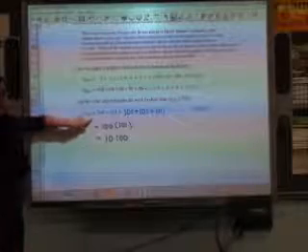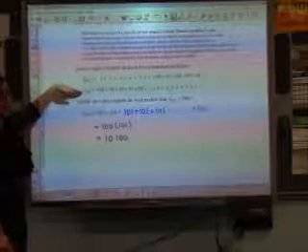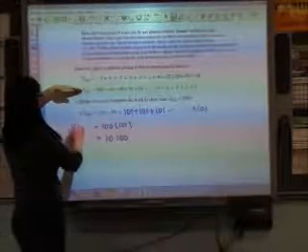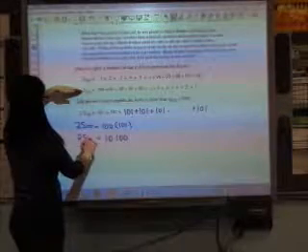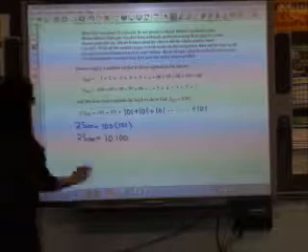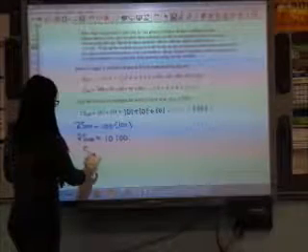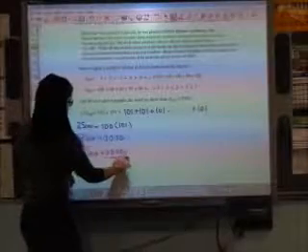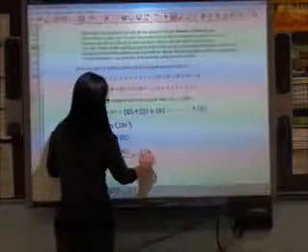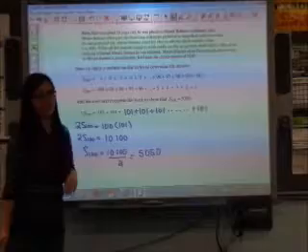These are adding 2 of the sums. So 2 of those sums is equal to 10,100. So 1 of those sums would be half the amount. And there's my 5,050.